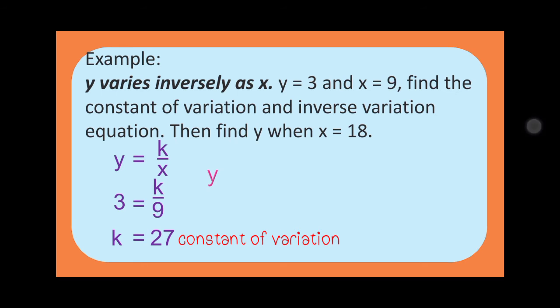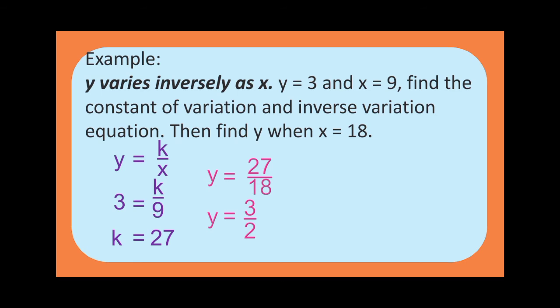So y now is equal to k is 27, then x is 18. So the value of y now is 3 over 2. And the inverse variation equation is, syempre we have y is equal to k over x, or xy is equal to k.